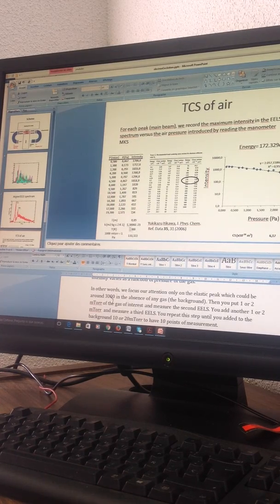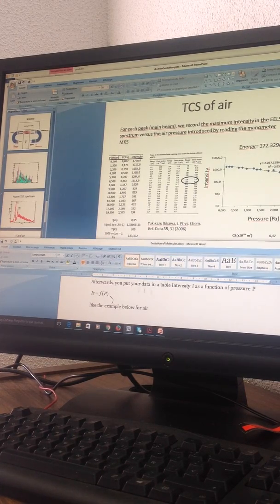If you use the formula we presented above, you can calculate the cross section, which is well fitted, and you have 6.17, which is very close to publications, where we have between 6 and 7, which is very good.